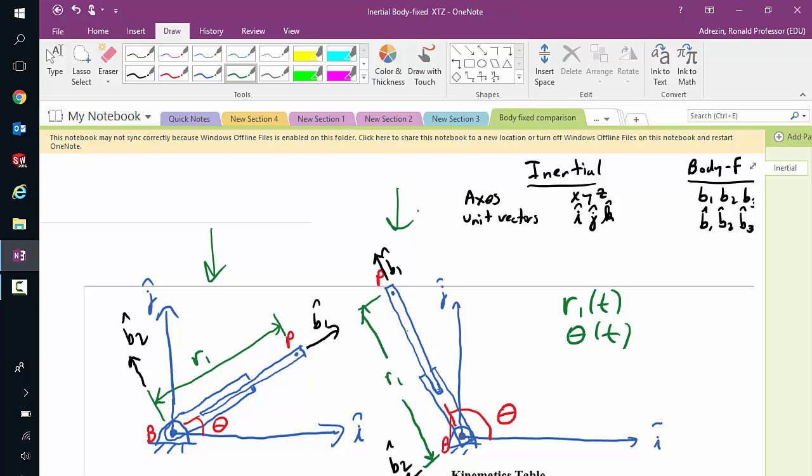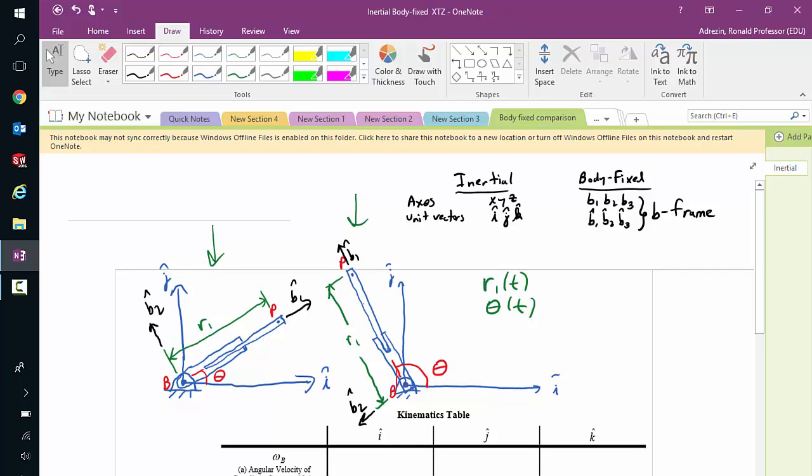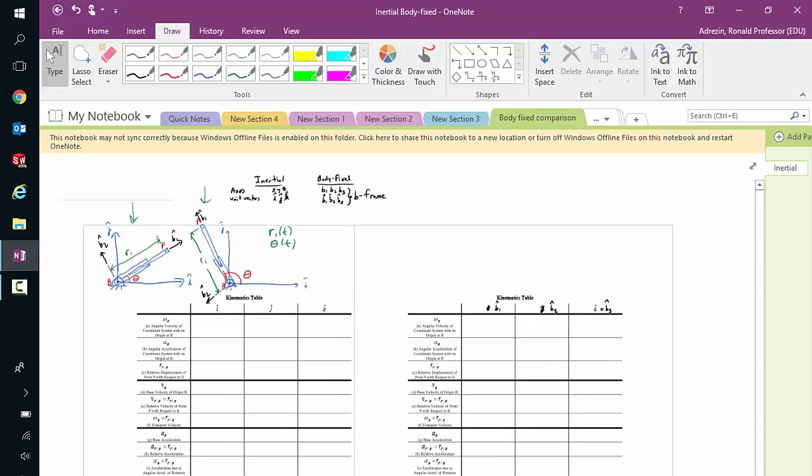So let's do a quick comparison, and then I think in the next video, I'll do one where the base B moves either left and right or up and down. So I'm working on a comparison here. The drawing at the top, either of those two drawings on the top, I tend to use the one on the left more, would apply to either of these kinematics tables.